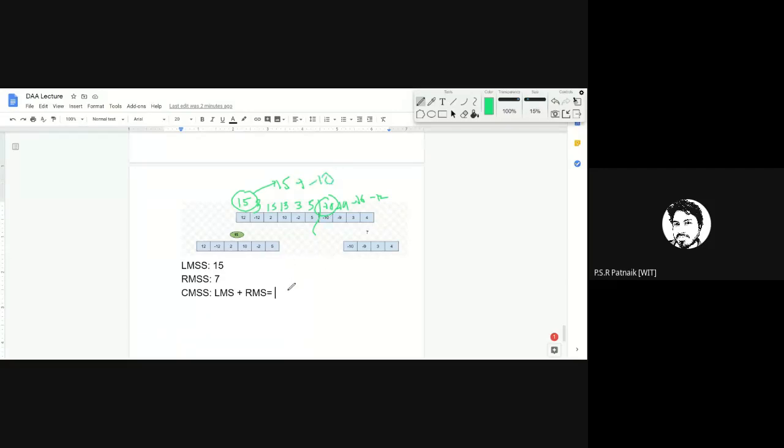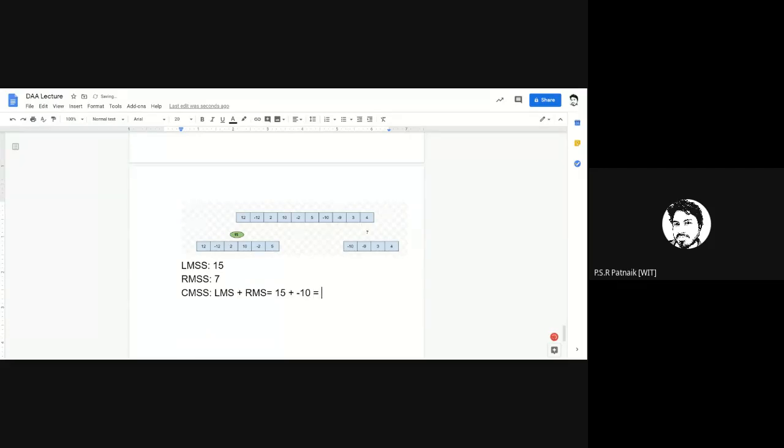What is the sum here? So 15. So it is 15 plus minus 10, which is equal to 5. Which is greater, 15, 7 or 5? 15 is greater. So 15 comes as the maximum sum subarray for this problem.